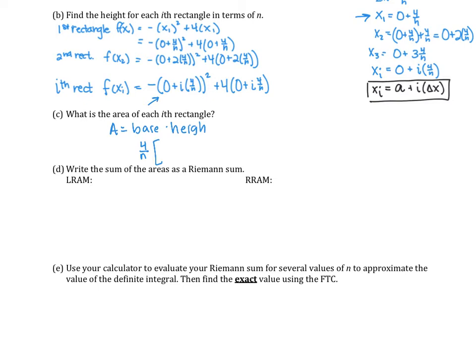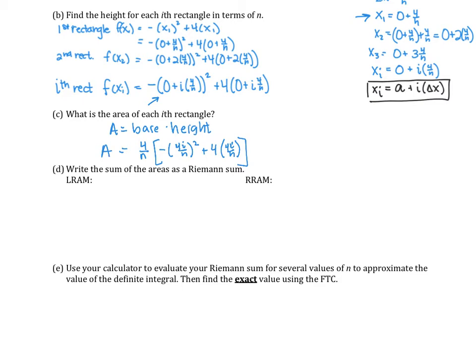So I'm going to simplify this. It would be negative 4i over n squared plus 4 times 4i over n. So I have my base and my height, which would be an expression for the area of the ith rectangle.